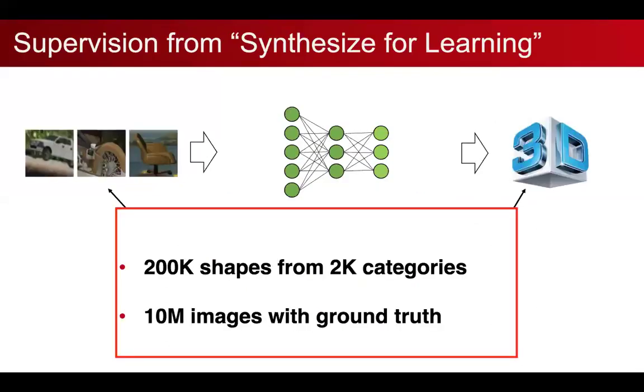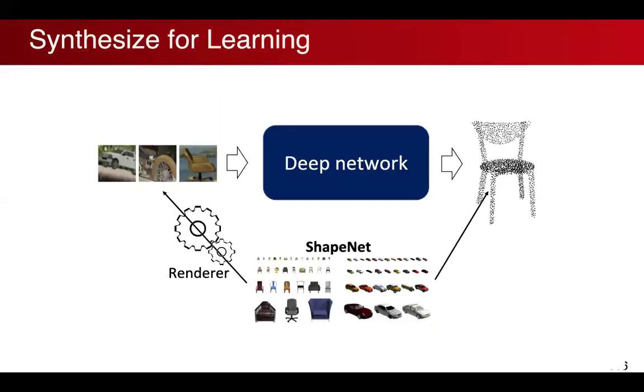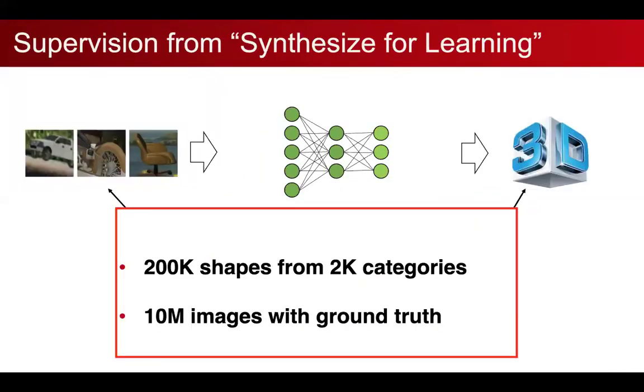So here, what was done for the training is that it took from ShapeNet 200,000 shapes with 2,000 categories and generated 10 million images with the ground truth point sets. And that was done to train the PointNet for synthesis, with augmentation of a part that we are going to see now.